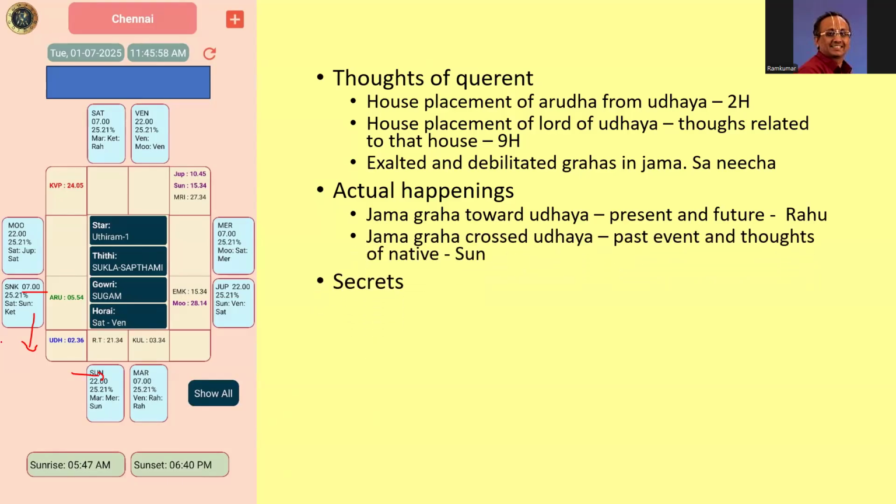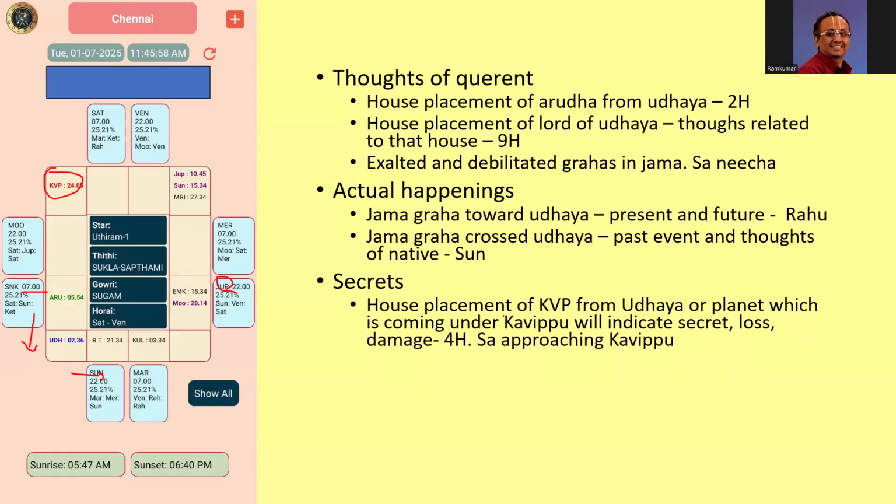What is the secret? Kavipu shows the secret. Kavipu is in the 4th house. Kavipu Lord is also Jupiter. So obstacle is also shown by Kavipu, right? And this Saturn is also approaching Kavipu, right? From 1 it will go to 12.